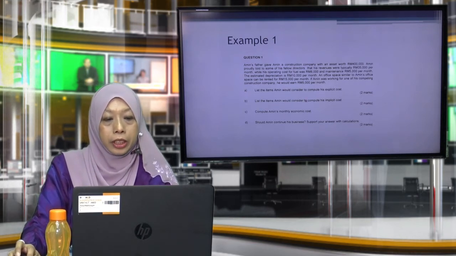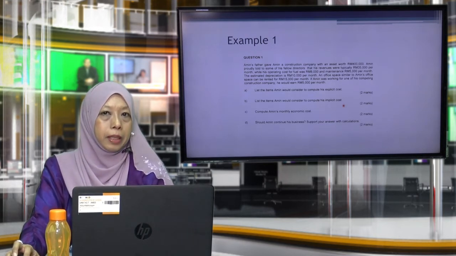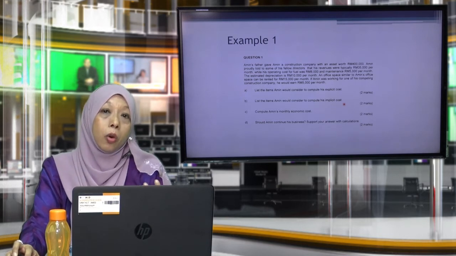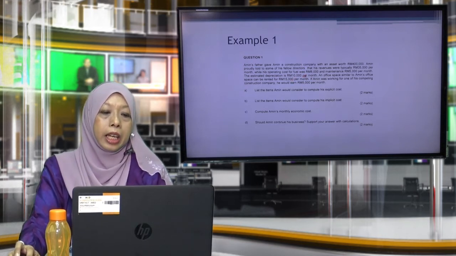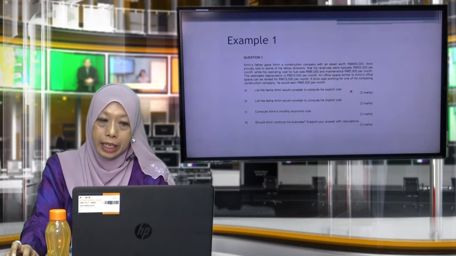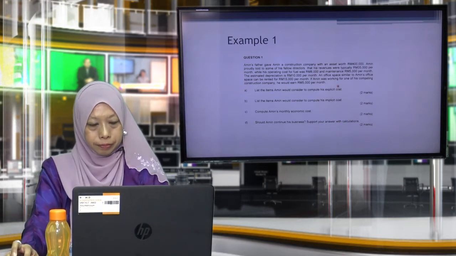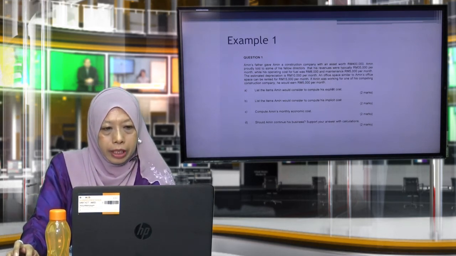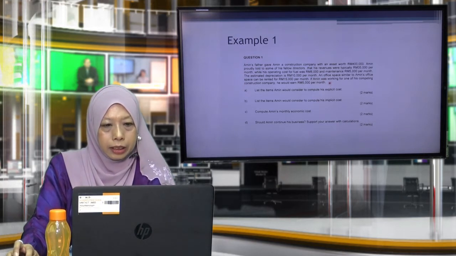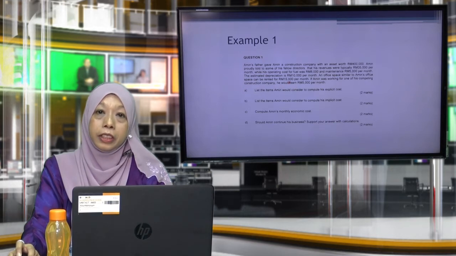Now, let us move on to the second question. Can you identify the implicit cost? Remember that implicit cost is the cost of using your own resources in the production process. So looking at the situation, can you identify the items that can be included under implicit cost? Notice that when you read the case, Amin is using his own office space, which can be rented out for 15,000 per month.